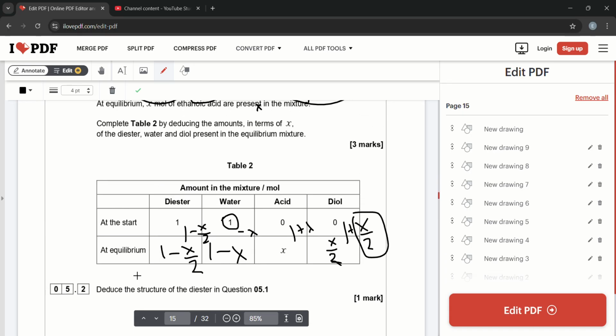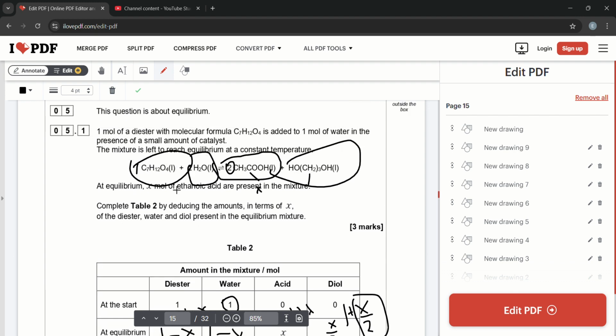Then it says deduce the structure of the diester in question 5.1. C7H12O4.